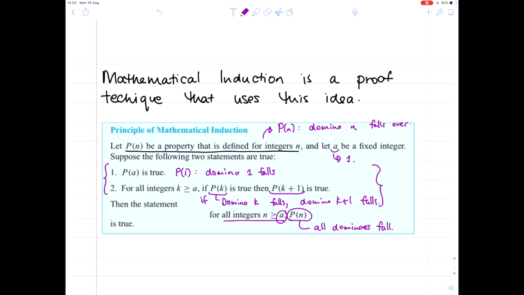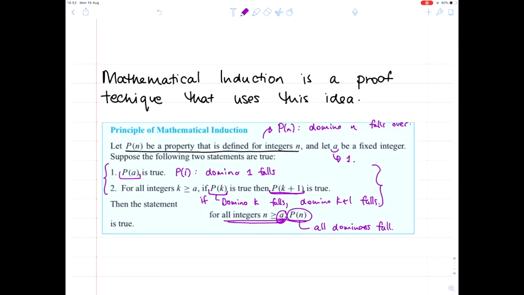Just to summarize, the key behind mathematical induction is you want to prove some statement for all integers bigger than some particular a. And you go about this by proving that what is called the base case is true, and then you prove that if the property is true for some integer k, then for P(k+1) it's also true.